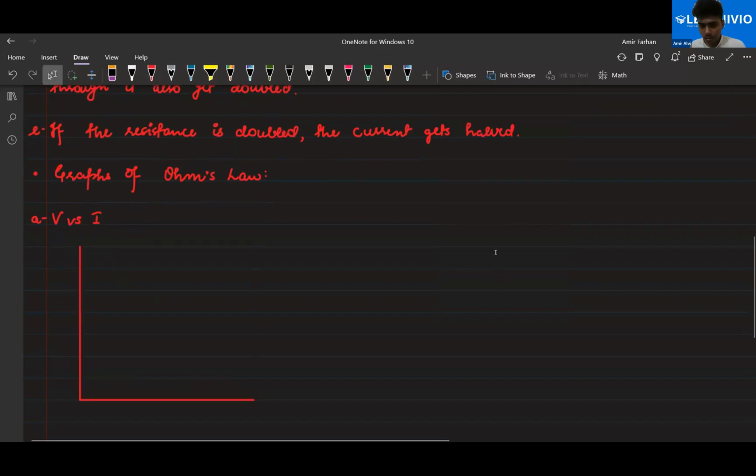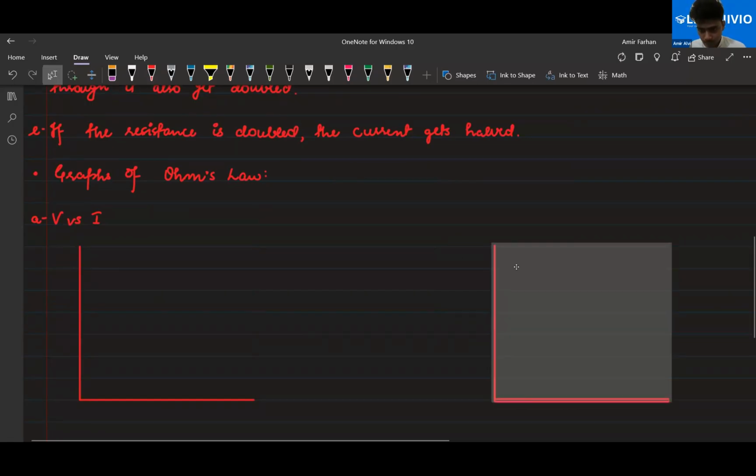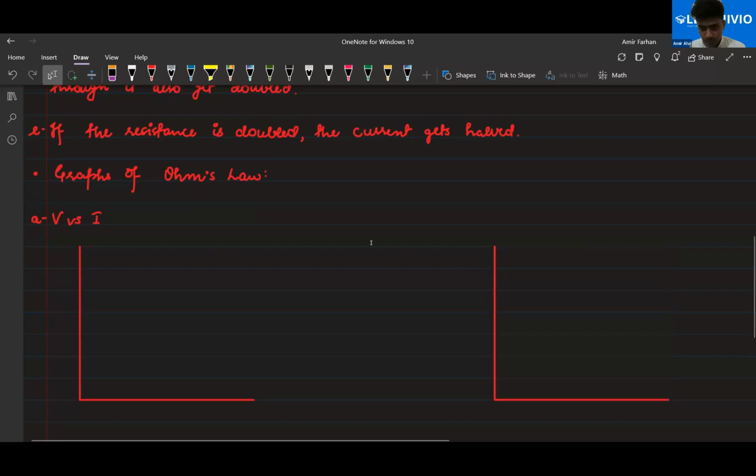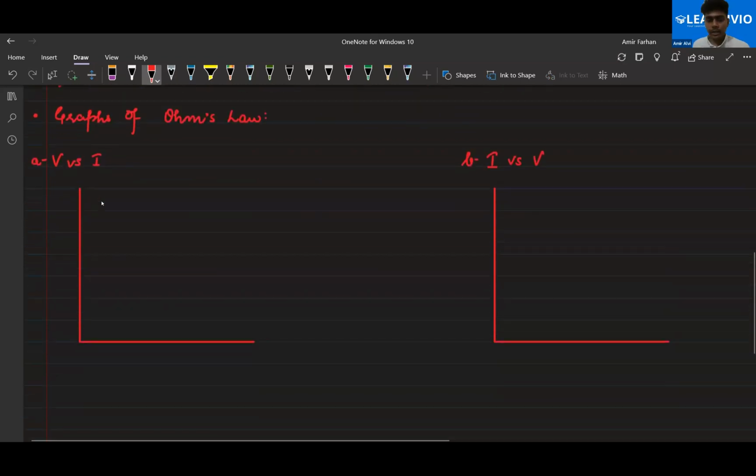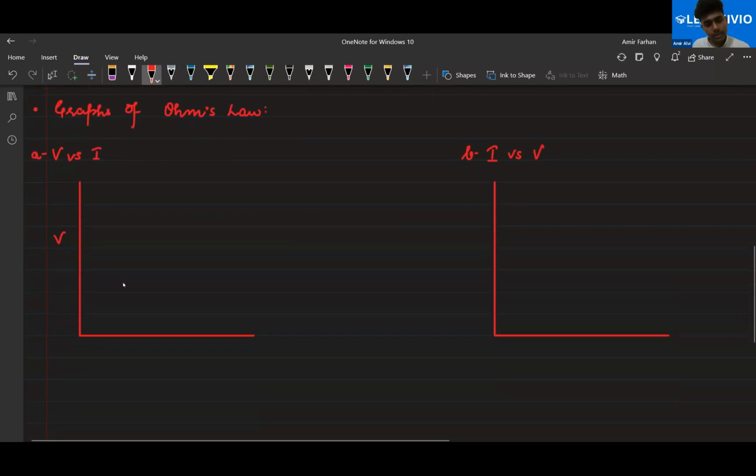So this is another graph, this one is the B part. This is the I versus V graph.